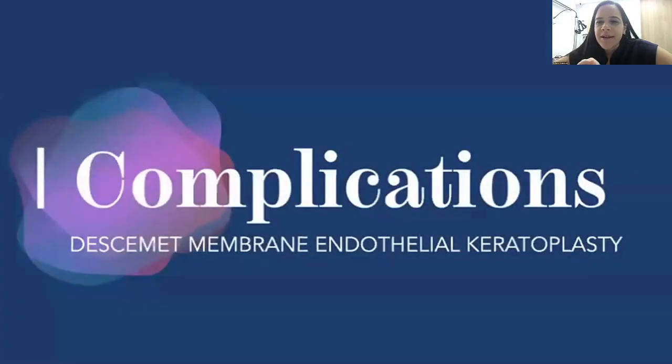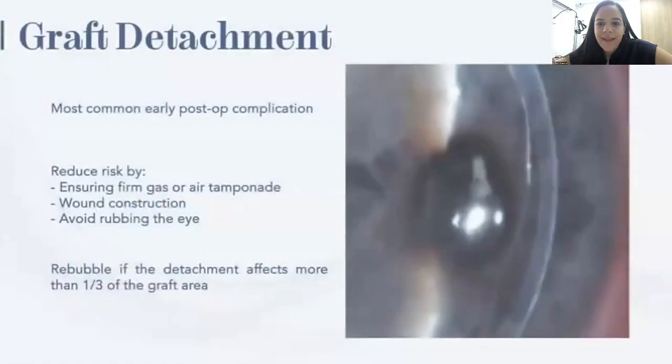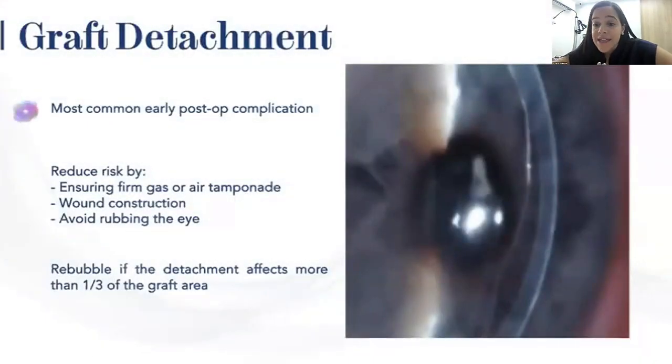Here we're going to talk about some complications, the most common early postoperative complication being graft detachment. This is usually detected on the slit lamp, as you can see in this picture. You can also confirm it with anterior segment OCT imaging. If the detachment is less than 1/3 of the graft area, you can observe to see if it attaches by itself.